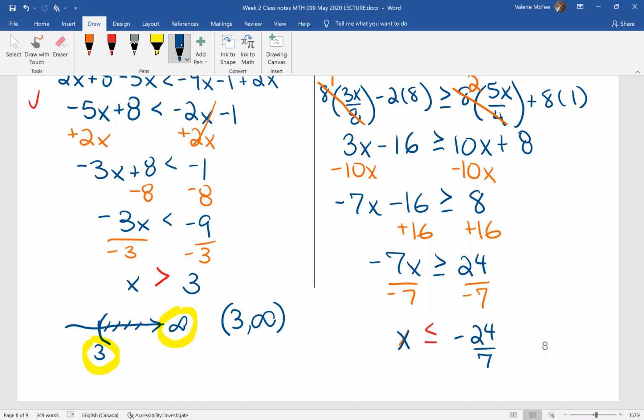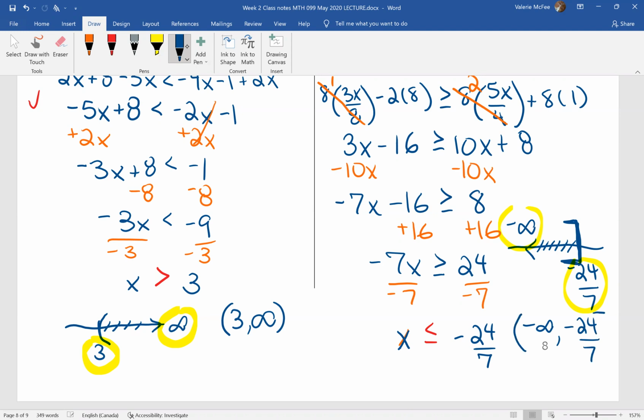So on a number line, x is less than or equal to -24/7. We're shading towards -infinity. We need a square bracket because x is less than or equal to. We use our endpoints in the order that they appear for our interval notation.